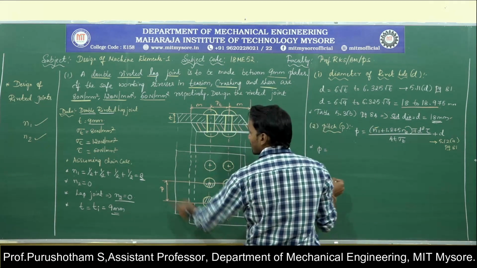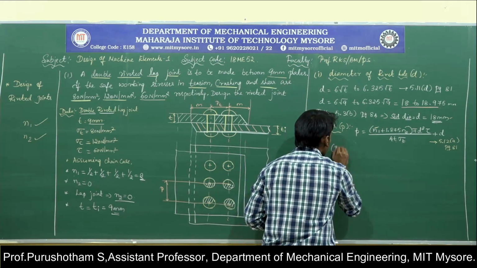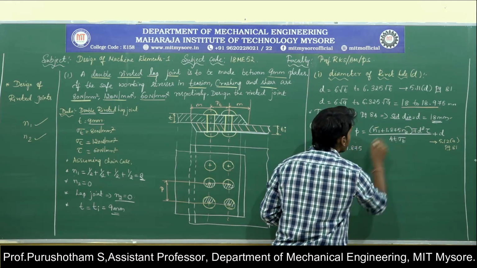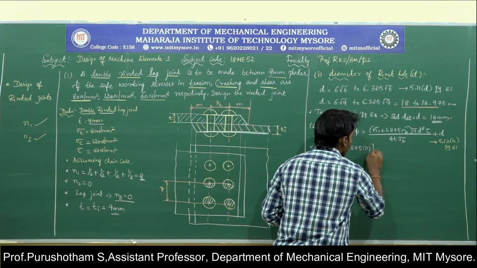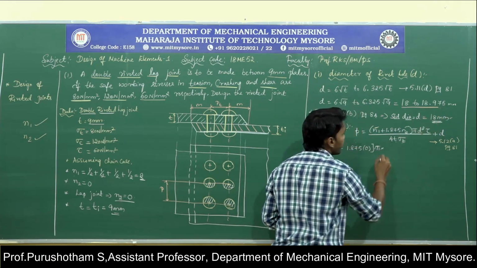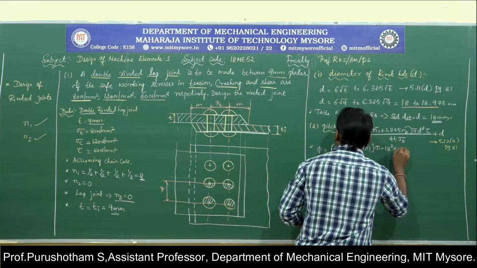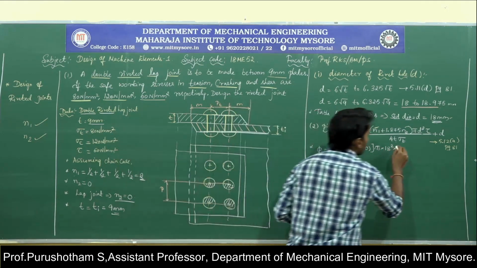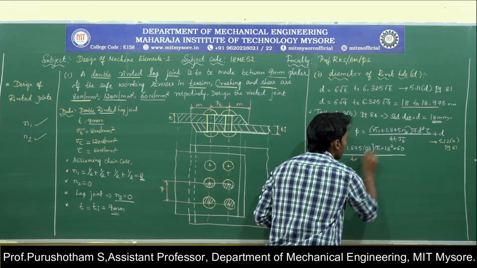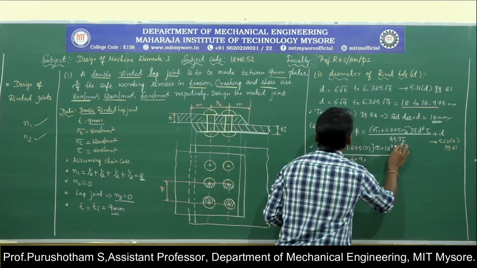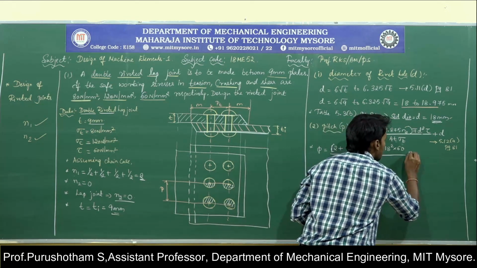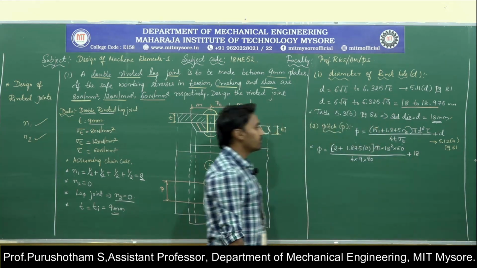Now I am going to substitute. N1 is how much? N1 is 2, plus 1.875 times N2. N2 is how much? 0. Then pi d square, d is 18 square, tau is 60, divided by 4 times t, which is 9 mm, and sigma t is 80 Newton per millimeter square, plus d, that is 18.